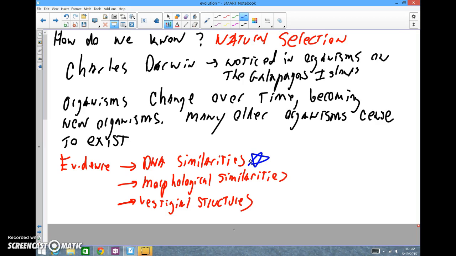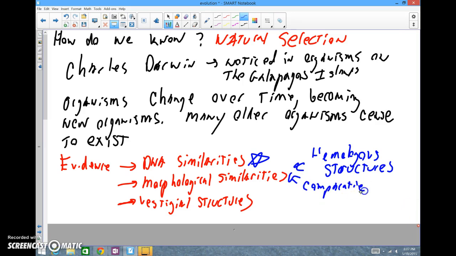We also have morphological similarities, which is things like what we call homologous structures, which hopefully you remember homo means same, so homologous means structures that are similar. There's also what we call comparative embryology. And also something called vestigial structures. And so naturally we're going to talk about each of these in turn.